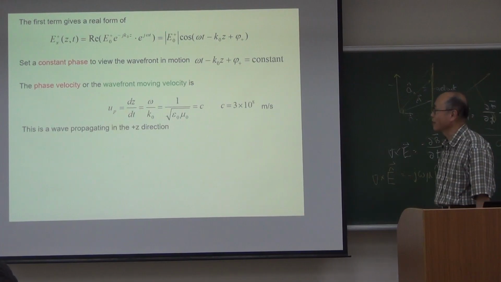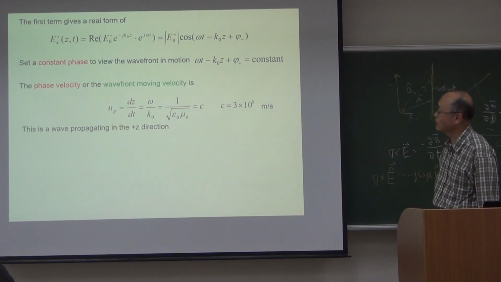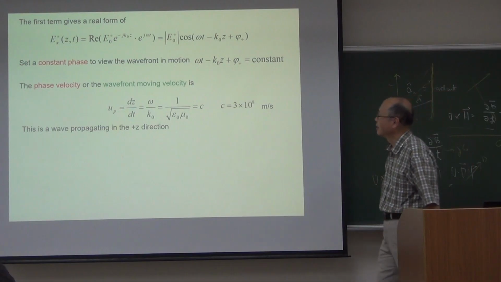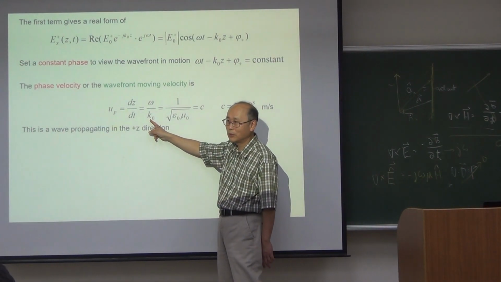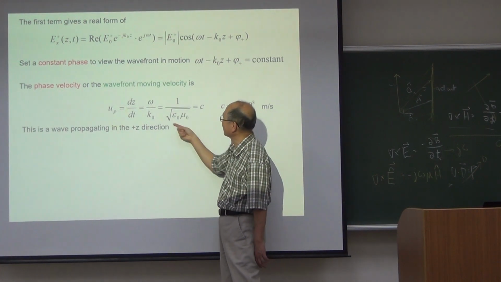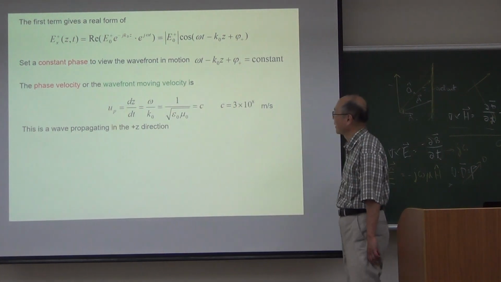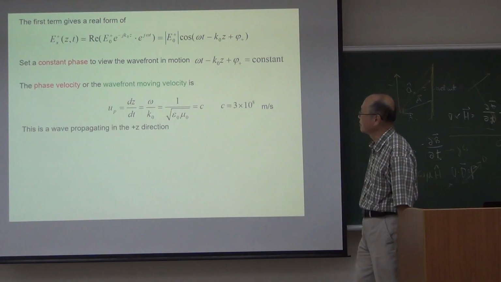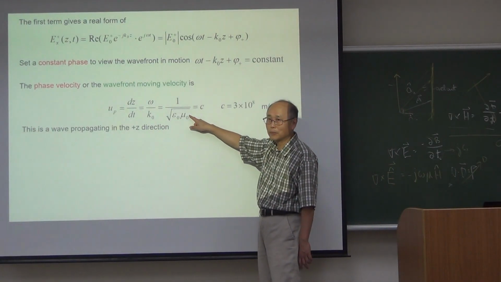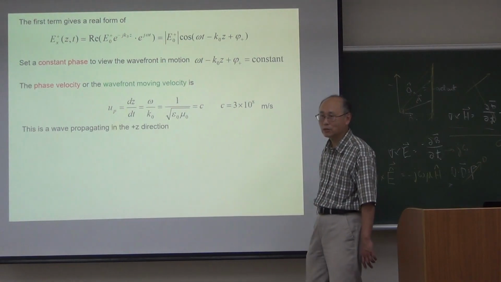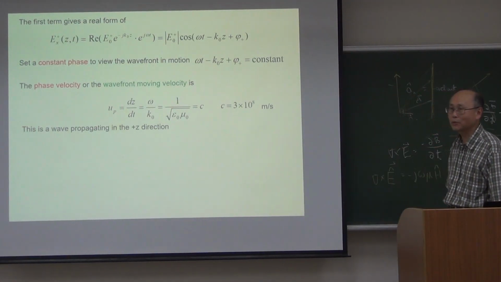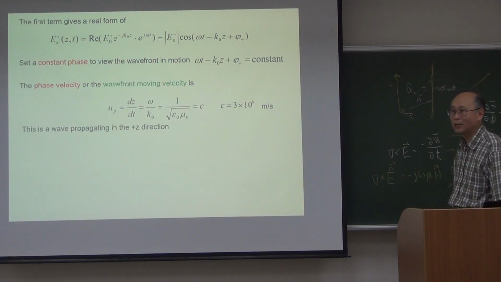And the wavefront moving velocity, which is called phase velocity, is the ratio of angular frequency divided by the wave number, and given by this expression. Okay. If this is in a material, then you're going to have the relative permittivity in this square root, and the velocity is reduced. So last time we spent a little bit of time to talk about why the wave will reduce in velocity in the material.